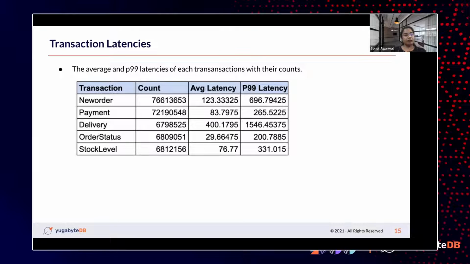For payment, it was 76.9 million transactions with an average latency of 83 milliseconds and a P99 latency of 265 milliseconds. Delivery was 67 million, order status was 68 million, and stock level had 68 million transaction executions.